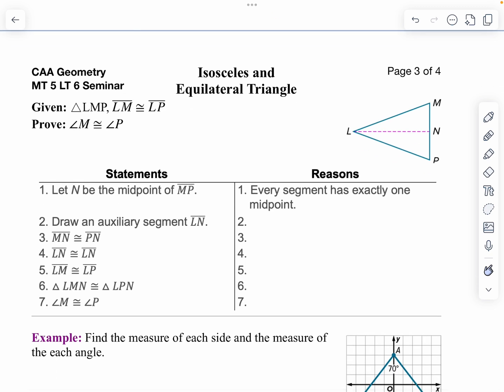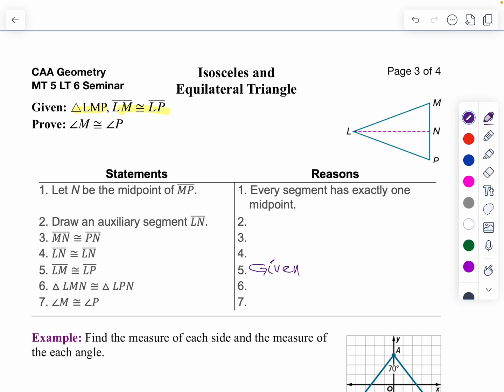So what I'm going to do here is I'm given a couple things. I'm given triangle LMP, and I'm also given LM is congruent to LP. I'm going to write that down in my proof right away: LM is congruent to LP is given. When you're doing somebody else's proof, it's always nice to write your given right away.